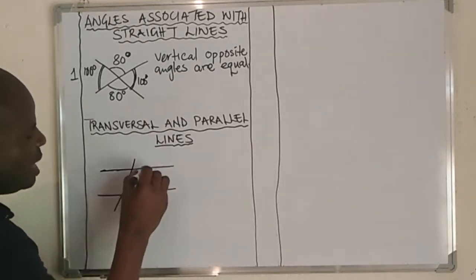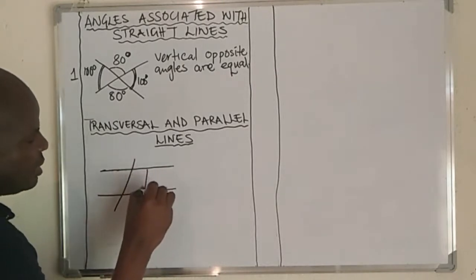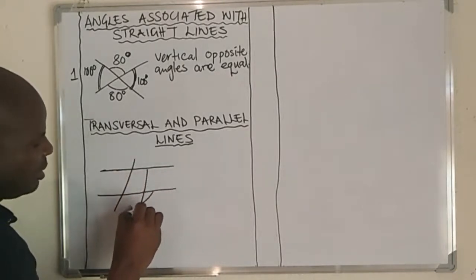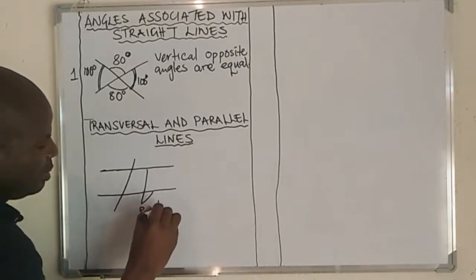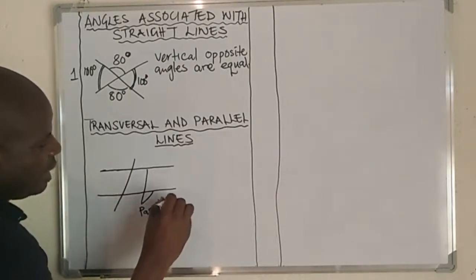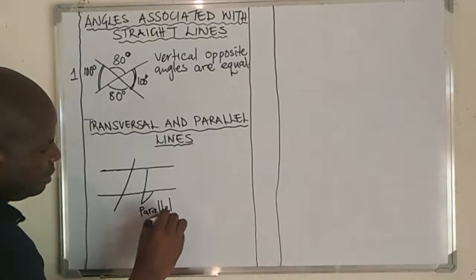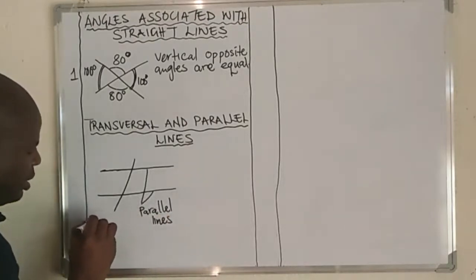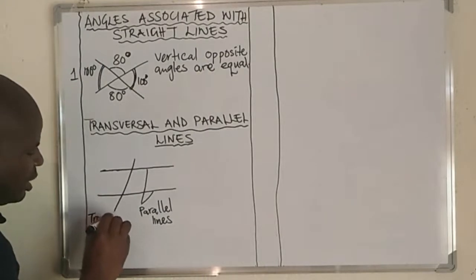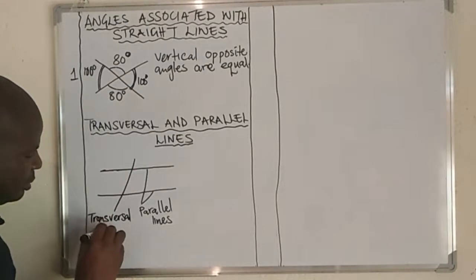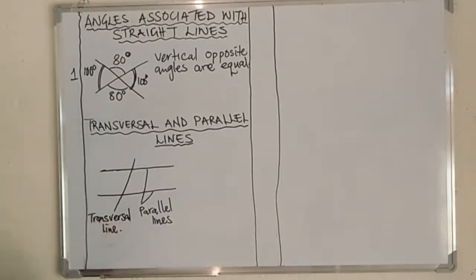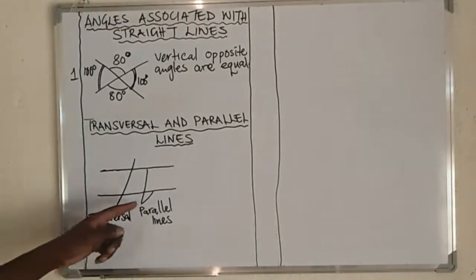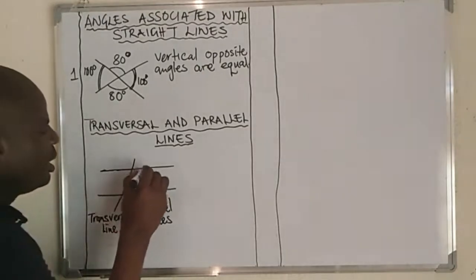This one and this one are called parallel lines. This one is called the transversal line. These two are parallel lines.